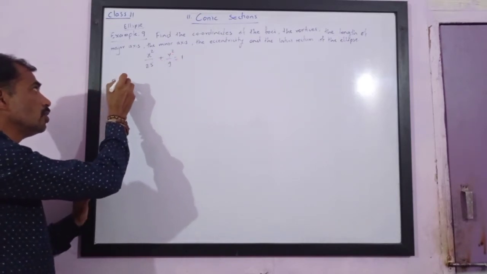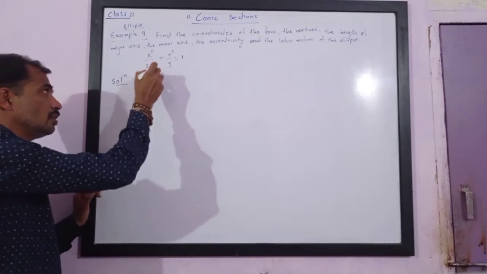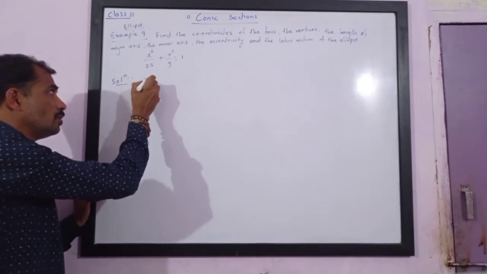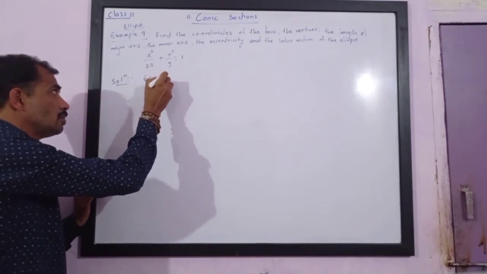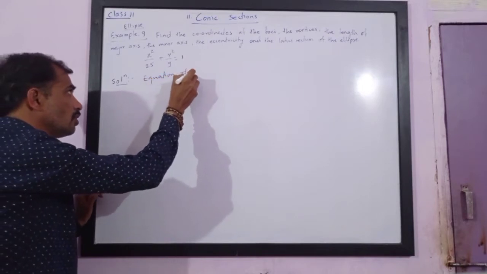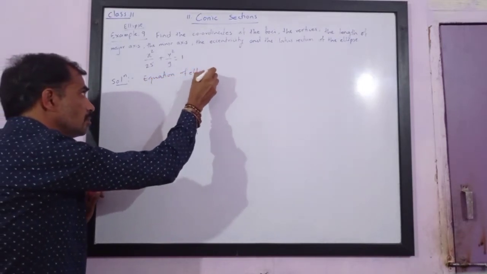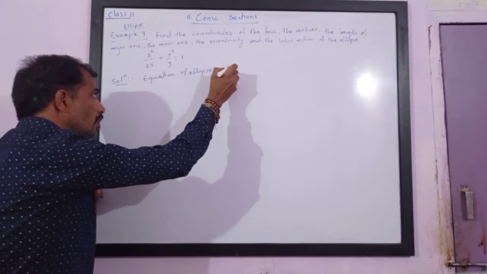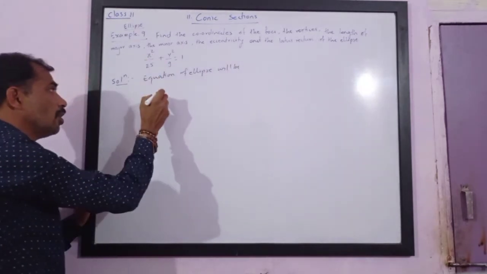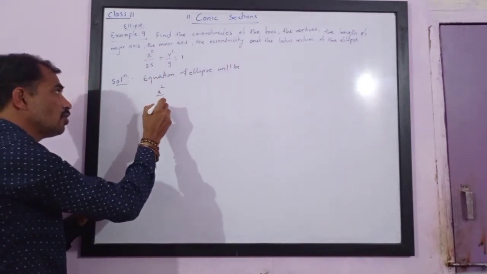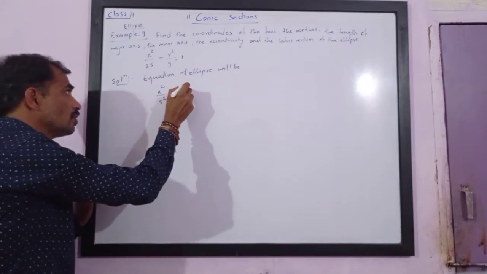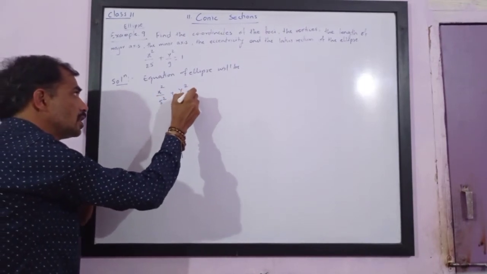If you convert this, the equation of ellipse will be x square upon 5 square plus y square upon 3 square is equal to 1.